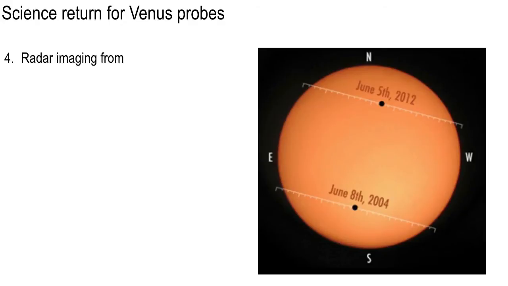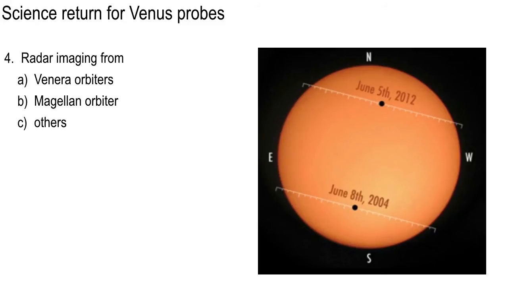Okay, we have radar images, and some of the orbiters of the Venera series took radar images. And we had an orbiter up there, I think it's actually still up there, Magellan, that took radar images. The other thing that we can do is take images from Earth. For instance, this image here shows the disk of the sun. Here's the north, here's the east, and the west, and the south.